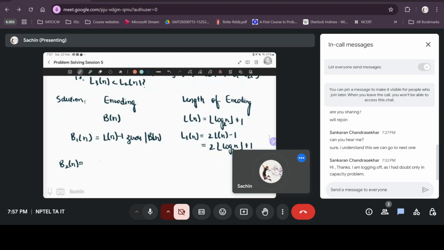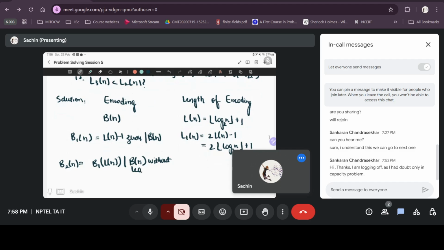So you do alias1 coding on the length of n and then concatenate that with the binary equivalent of n, of course without the leading one.